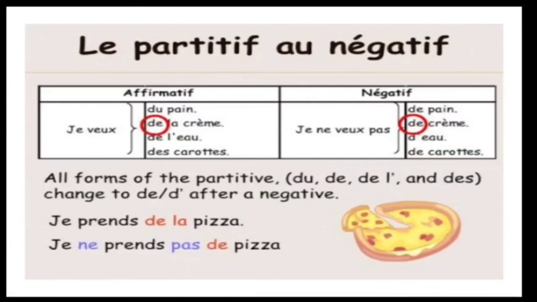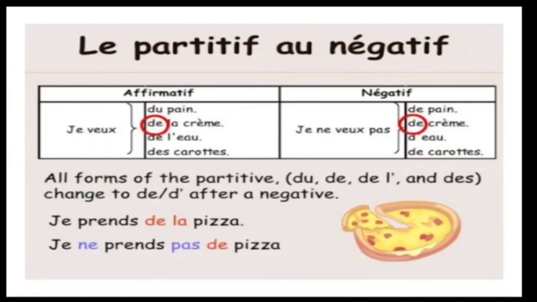Je veux, it's one of the verbs, that is I want. Du pain, it's masculine singular, so I want some bread. Je veux de la crème, I want some cream. Je veux de l'eau, I want some water. And je veux des carottes, I want some carrots. So when you are changing it to the negative form, instead of these 4, you have to change to de only.